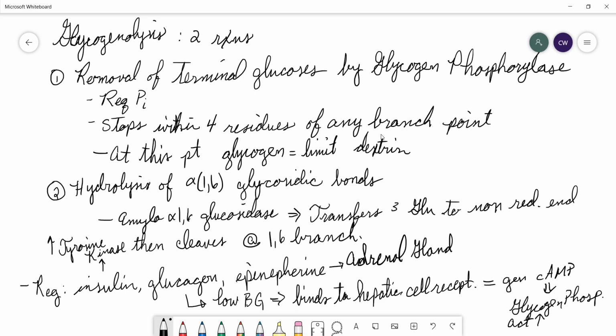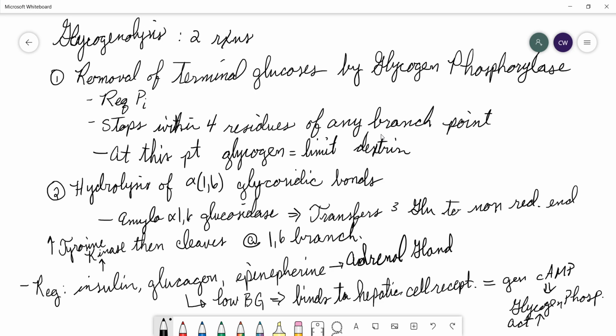Which is why whenever you feel your flight or fight kicking in, you feel a lot stronger. You feel like you could run a mile. You feel like you could run 2 miles if you had to, and that's because your adrenal gland is releasing epinephrine, which is causing glycogenolysis. You're burning through your body's glycogen stores. Okay.